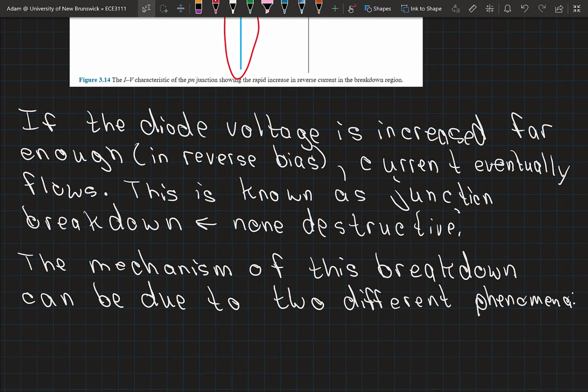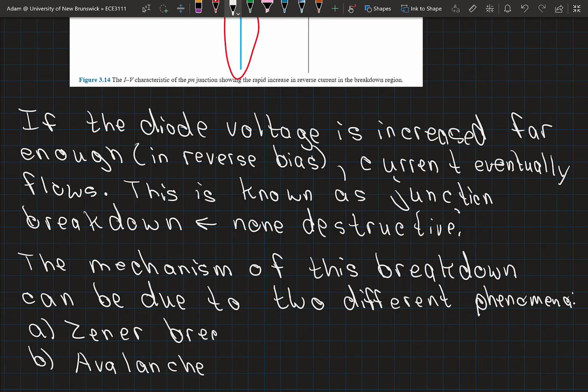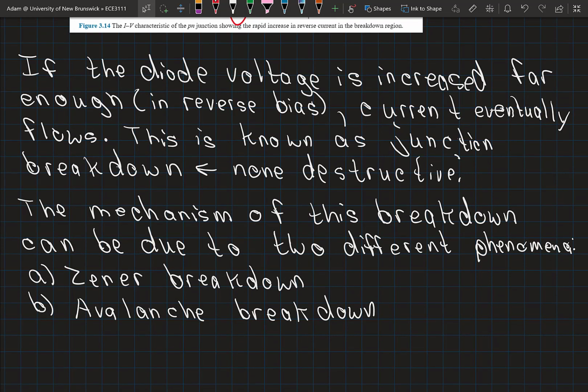Okay, and those two mechanisms are referred to as Zener breakdown or avalanche breakdown. Okay, and the voltage at which this breakdown occurs is one of the determining factors on which mechanism is at play here.